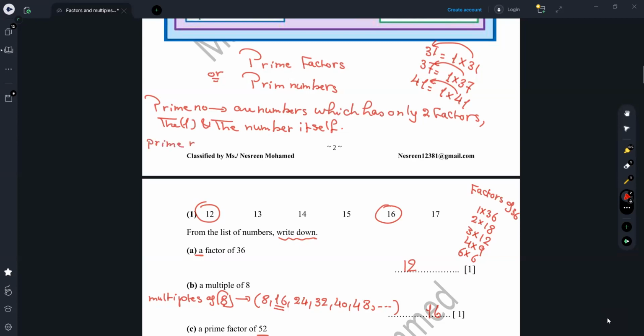These are prime numbers smaller than 100. And it is really important to recite it and understand it.